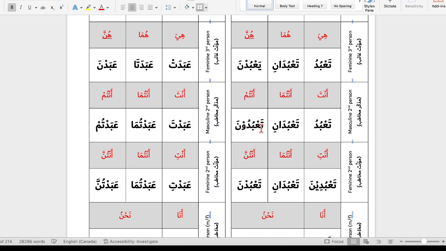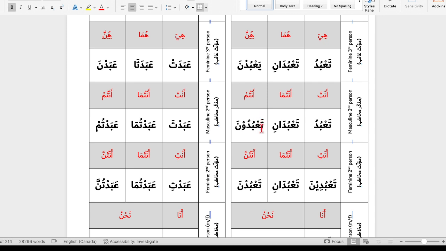I'll show you the page. The first step is you remove the ta. If you remove the ta, the next letter has the sukoon, the jazm, which means you can't pronounce it because it doesn't have any haraka.